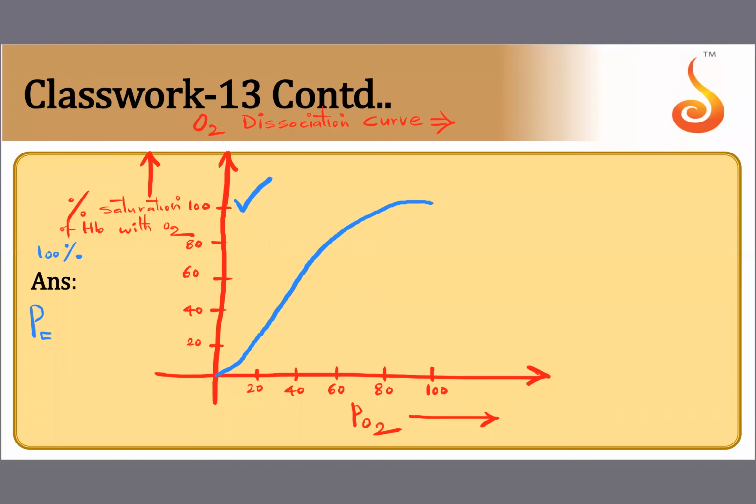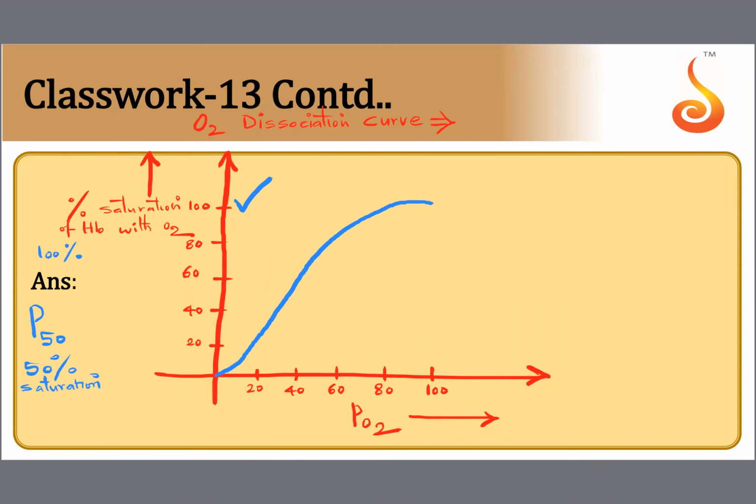What is P50? P50 means 50% saturation. What do you mean by 50% saturation? 50% of the hemoglobin molecules are attached to oxygen. The other 50% of the hemoglobin molecules have decided to give away the oxygen. They have become dissociated from oxygen.